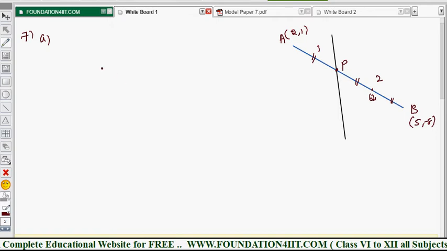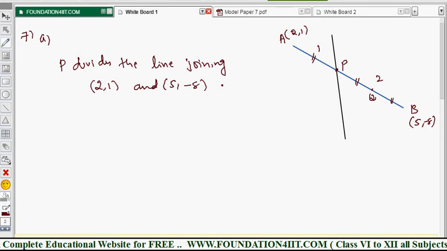As per the question, P divides the line joining (2, 1) and (5, -8) in the ratio 1:2. Trisected, so we should take 1:2 as the ratio.